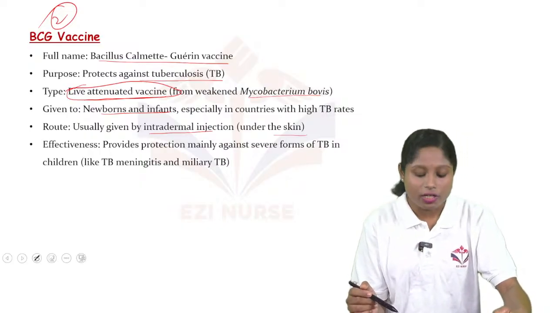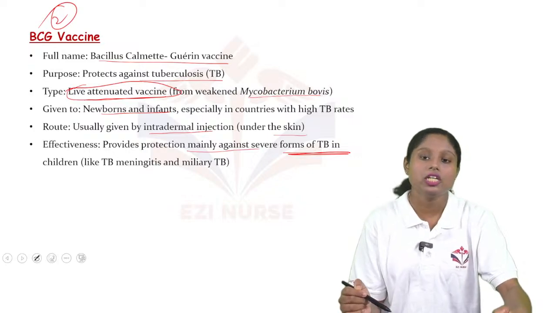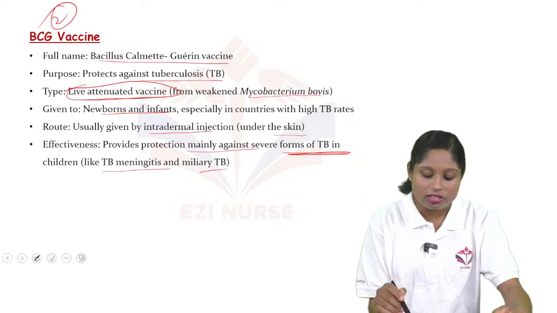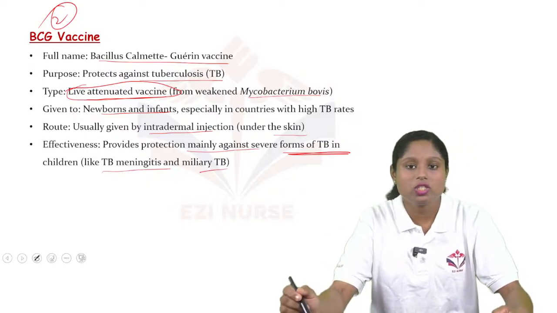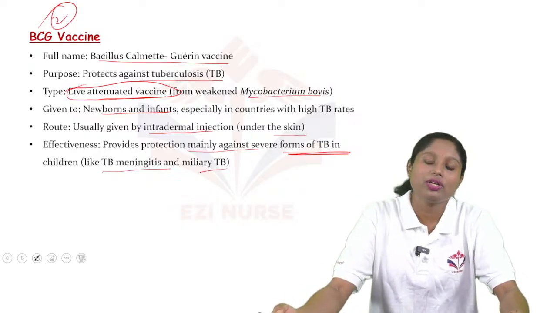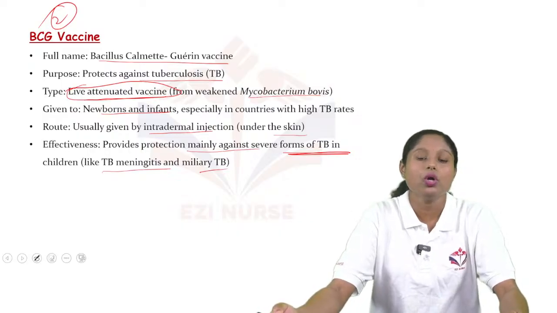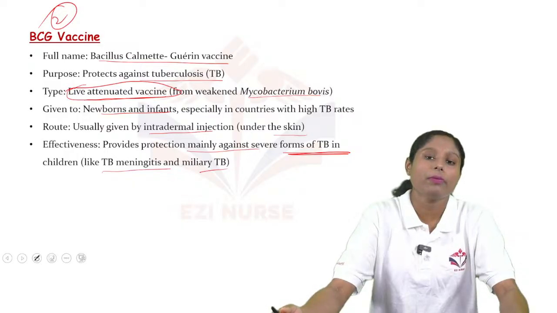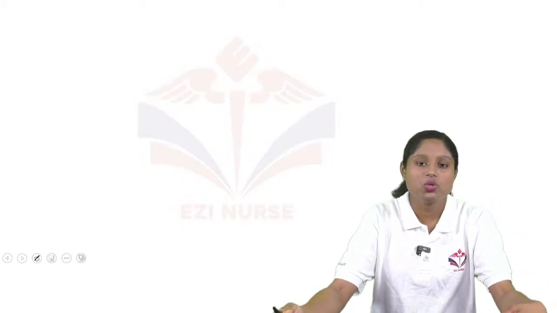It provides protection mainly against severe forms of tuberculosis in children, like TB meningitis or miliary tuberculosis. So BCG, Bacillus Calmette and Guerin, is a live attenuated vaccine used against TB and given to newborn babies and infants. Clear with the BCG vaccine?